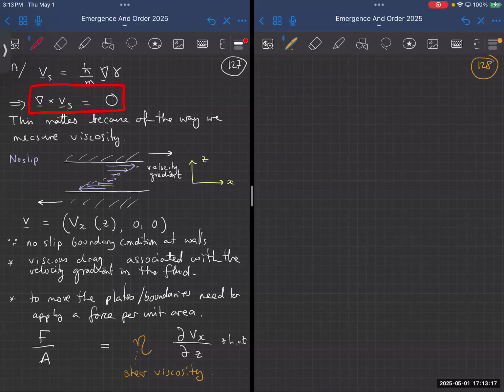So now let's calculate what is the shear viscosity for the superfluid component of the system.